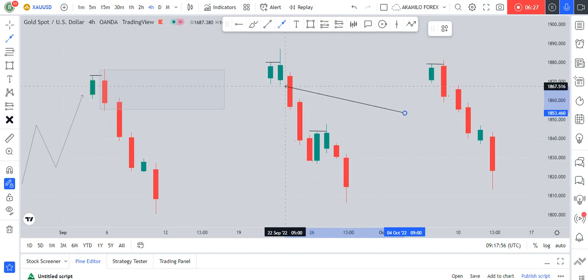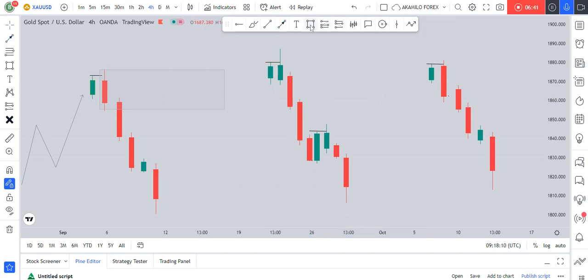So when you are to mark your order block, you need to consider the candle that sweeps off the previous candle's low or high. That is where you can identify your high probability order block. To mark this, we are not going to consider this previous candle because the high of that candle has been trapped.